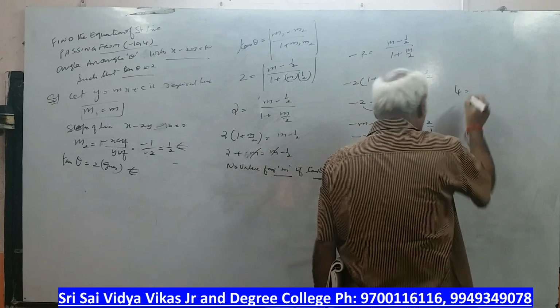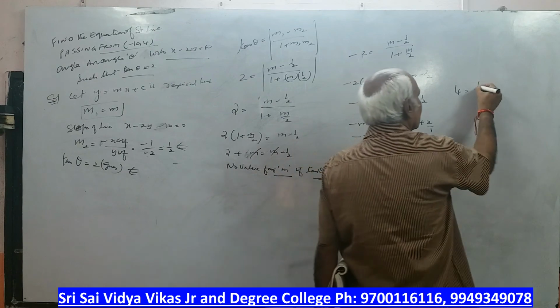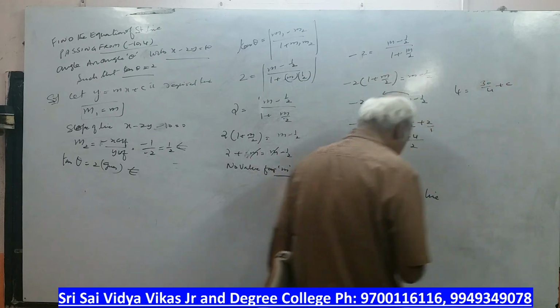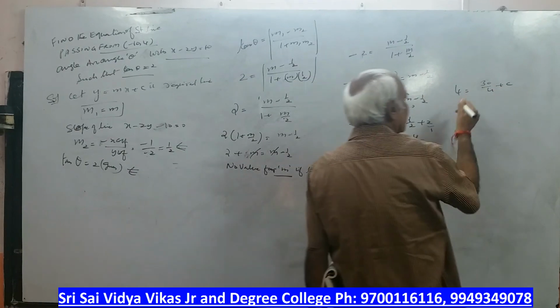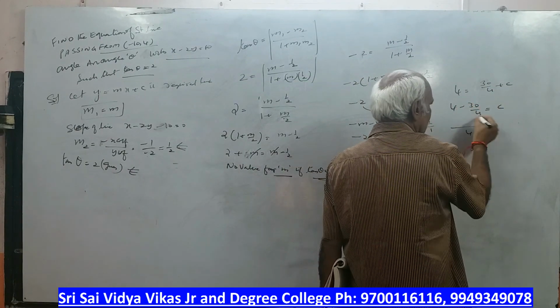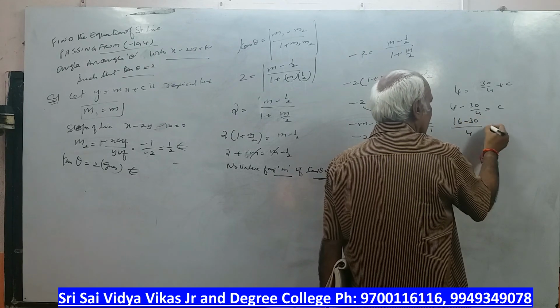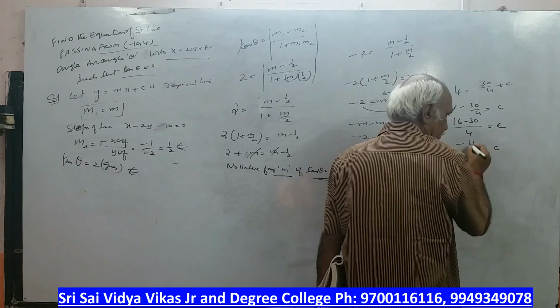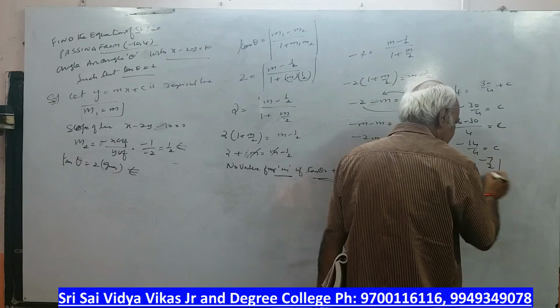So 4 is equal to, minus of minus is plus, 30 by 4 plus c. 10 into 3, 30. Bring the term this side: 4 minus 30 by 4 is equal to c. LCM is 4, so 16 minus 30 is equal to c. So minus 14 by 4 is equal to c. C is equal to, cancelling with 2, minus 7 by 2.